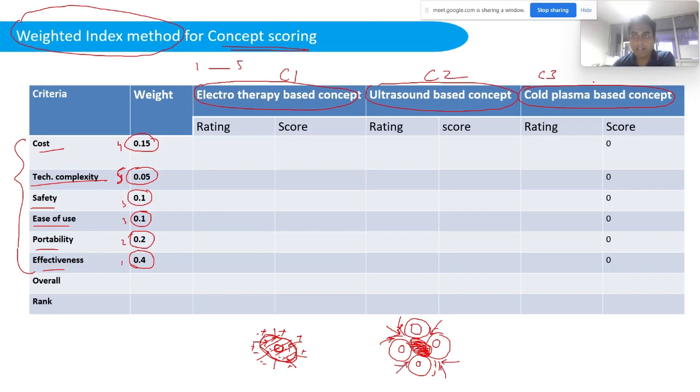Then there is cold plasma, which is a bit complex in nature.